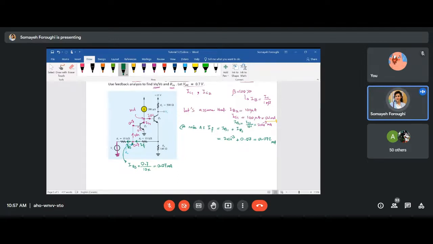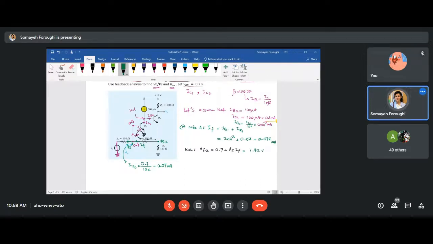And now let's find VE2. So you know that this point is VE2, right? How can I find VE2? If you simply write a KVL in this loop, you will find VE2. So after KVL, you would say that VE2 is 0.7 plus RF times IF. If you calculate it all, you will have 1.42 volt for your VE2.